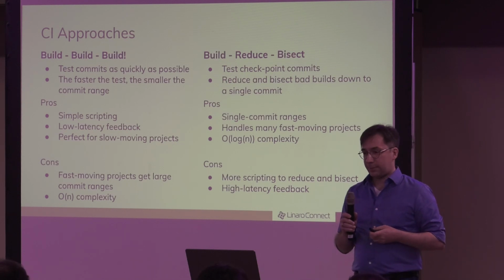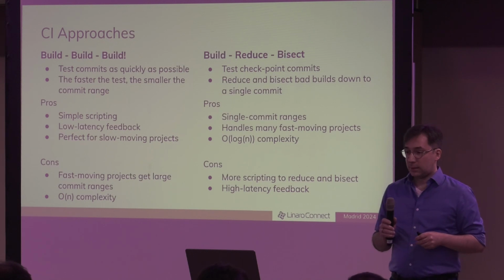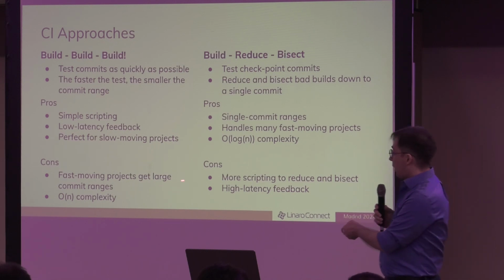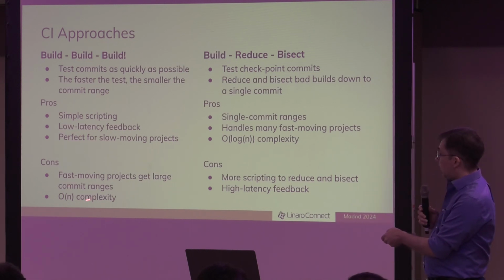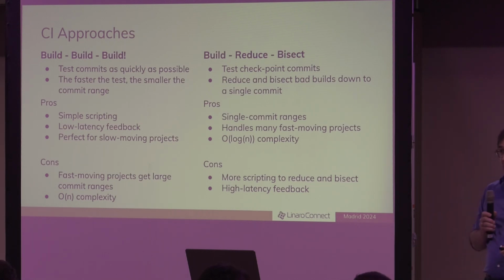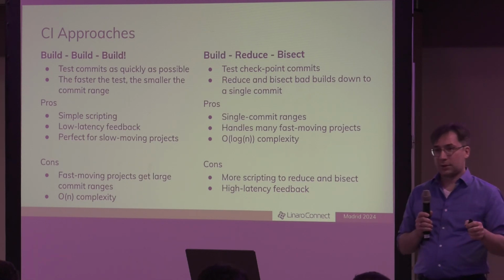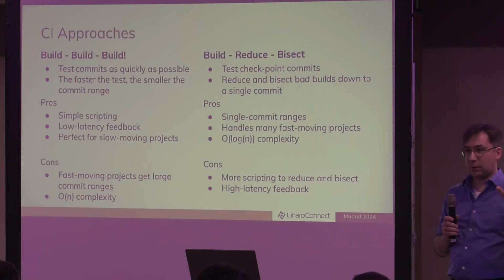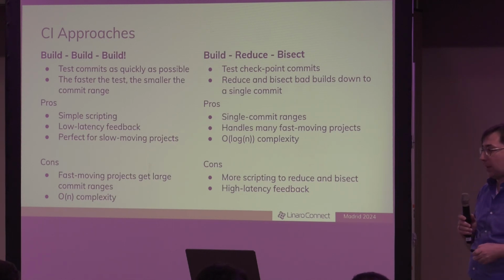However, if you have a faster-moving project, I would say that the main problem of the first approach is linear complexity. In a project where you have tens or hundreds of commits per hour, you get those 10 people or 20 people blamed for every regression, and you don't know who exactly caused the problem.